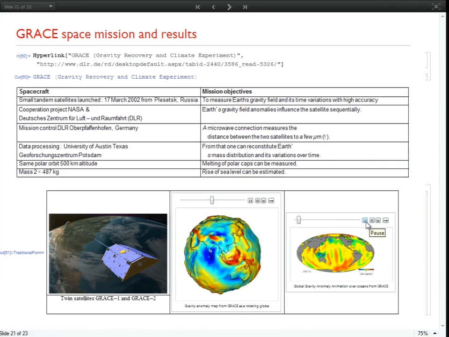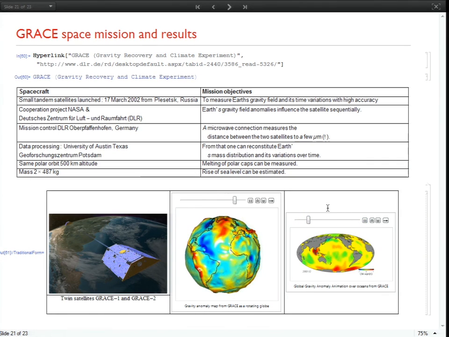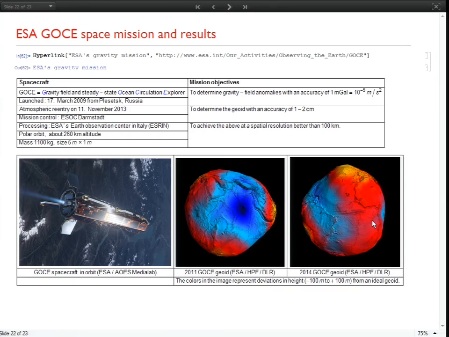deduced from this mission. Okay, and the last thing in that sequence is ESA's GOCE space mission. GOCE stands for Gravity Field and Steady-State Ocean Circulation Explorer. It was launched in 2009.